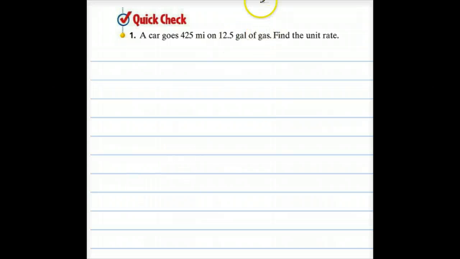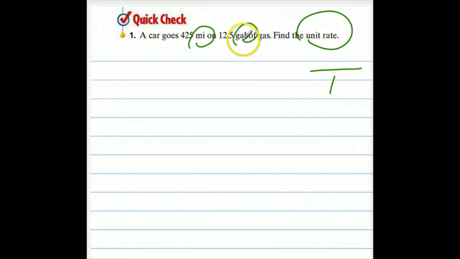So I'm going to show you how to change a rate to a unit rate. So this example problem they gave you, a car goes 425 miles on 12.5 gallons of gas. We want to find the unit rate, meaning we want to find something over 1. So it's really important that we know our labels first. I'm going to put miles on top and gallons on bottom.